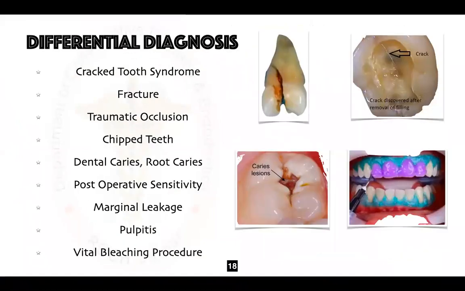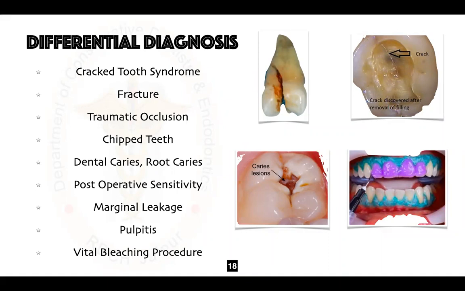Let's talk about how to differentiate or diagnose one condition from another, how to delineate. How do you do that? I'm going to give you a few examples. If we have pain on tapping or percussing the tooth, or if the tooth is tender, then you should know that there is some periodontal involvement, or maybe it is pulpitis, so that you can rule out between sensitivity and where exactly the pulp is inflamed.